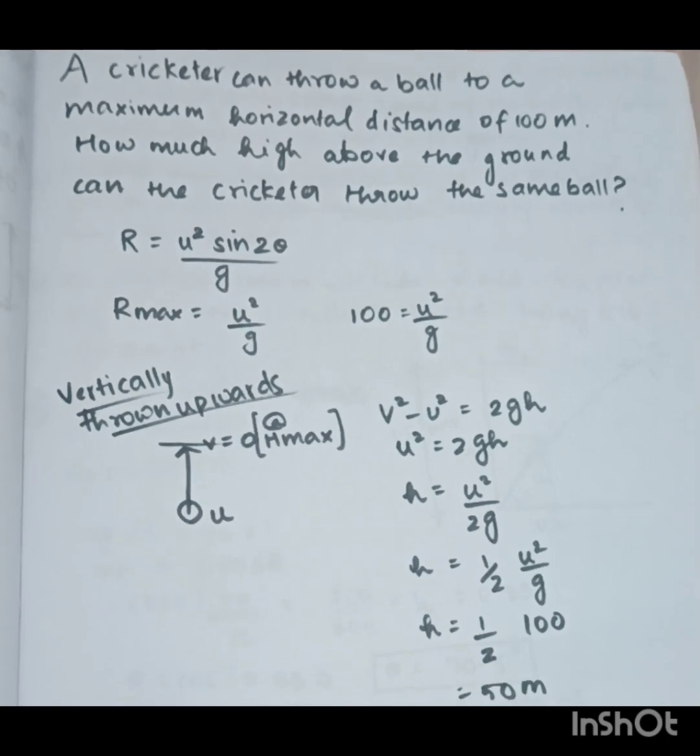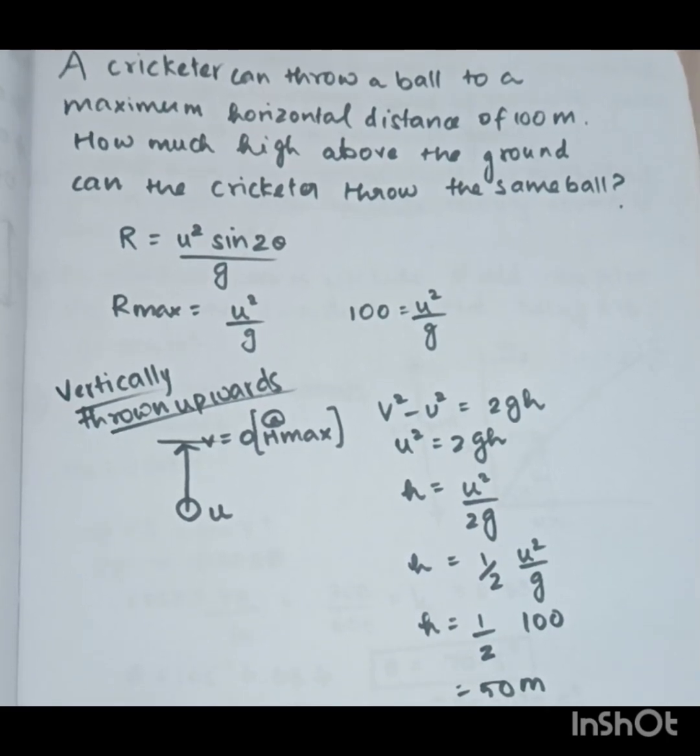A cricketer can throw a ball to a maximum horizontal distance of 100 meter. How high above the ground can the cricketer throw the same ball?